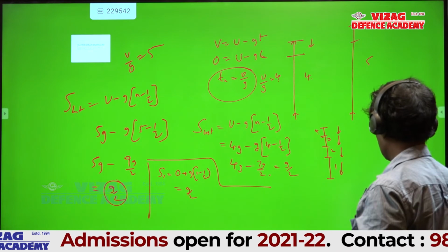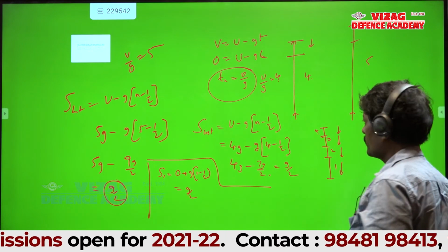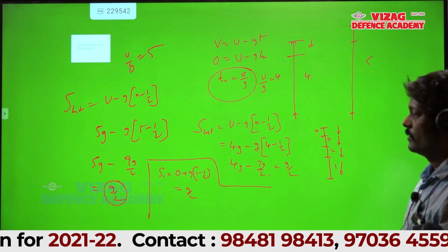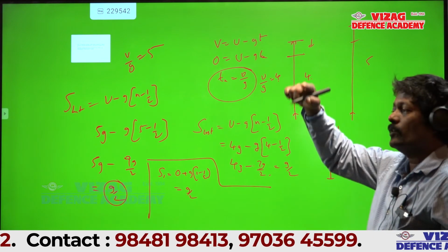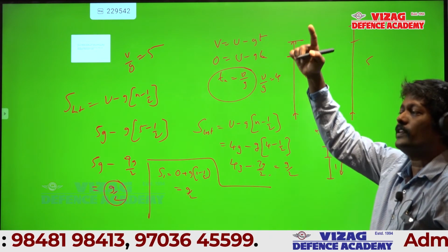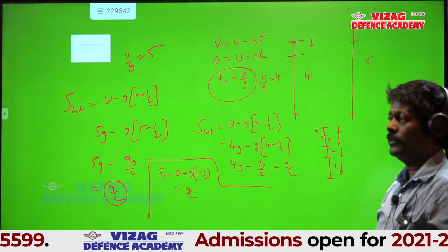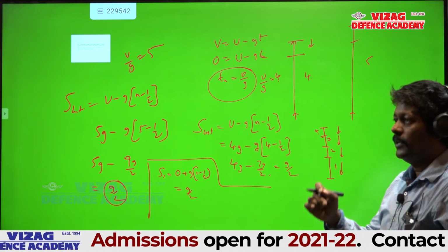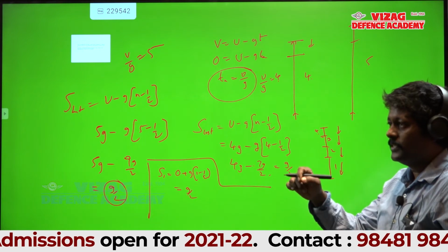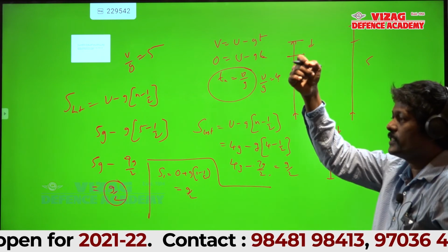Can you repeat the line? The last second of ascent is nothing but the first second of fall. Note down that point. The last second of ascent is the first second of fall.